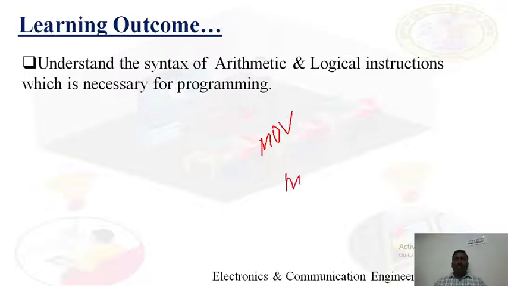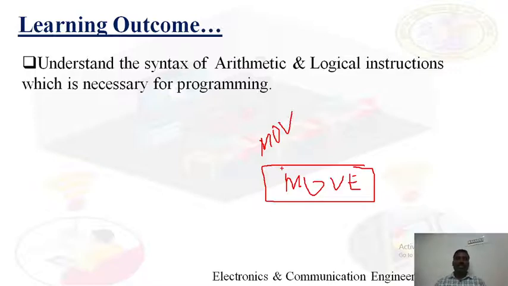Suppose if you have written a MOVE instruction, this is not available in the ARM instruction set, then automatically the assembler will result in an error saying that this is out of the instruction set. So for that reason, always we have to understand the syntax or the format of arithmetic and logical instructions.